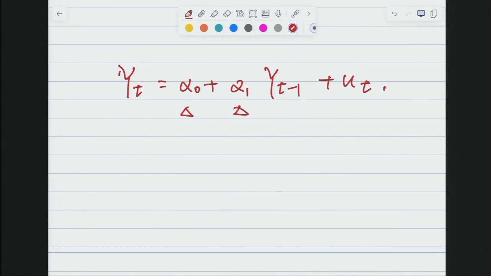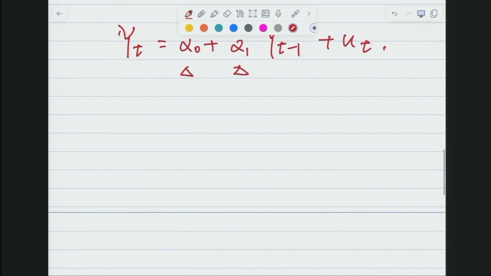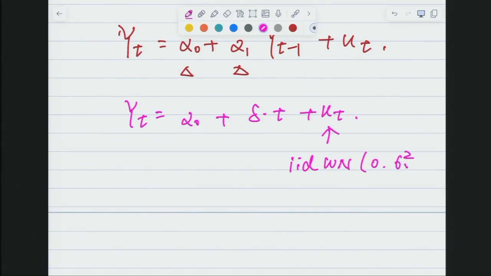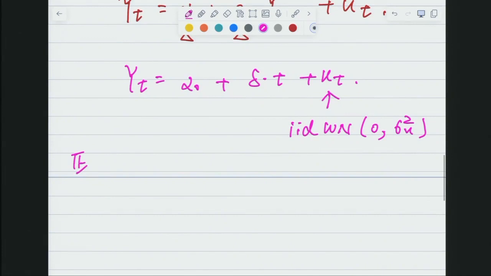So if you consider taking the linear trend model, where we have yt equal to alpha naught plus delta times t plus ut, remember, the shock is always an IID white noise with mean 0 and variance sigma square u. Then taking the expected value of y, that will give us the expected value of the entire expression.